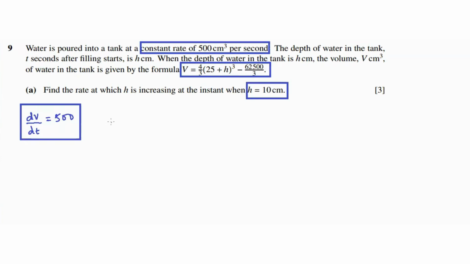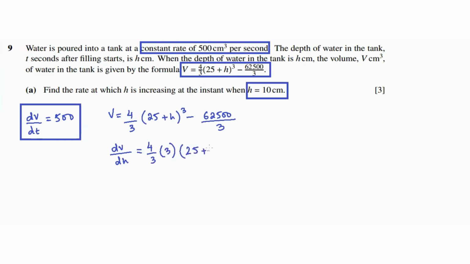We know that V = (4/3)(25 + H)³ − 62,500/3. Let's differentiate this with respect to H first and get an expression for dV/dH. So (4/3) times 3 times (25 + H) to the power 3 − 1.